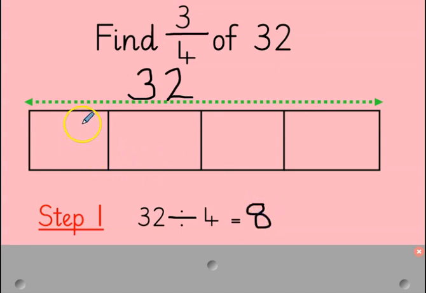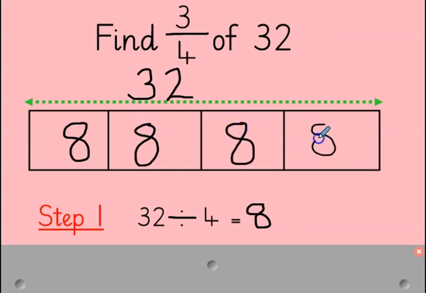So I can now write 8 in each of these quadrants. And there you go. So a unit fraction, 1/4, is the same as 8.